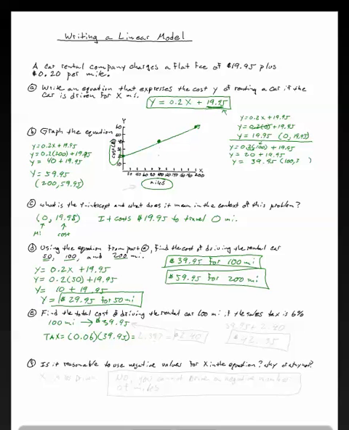When we do that calculation, we get 2.397. And rounding to the nearest penny, that's going to give us $2.40 in tax. So now we need to add that tax to our cost. So $39.95 plus $2.40 is going to give us a total of $42.35.